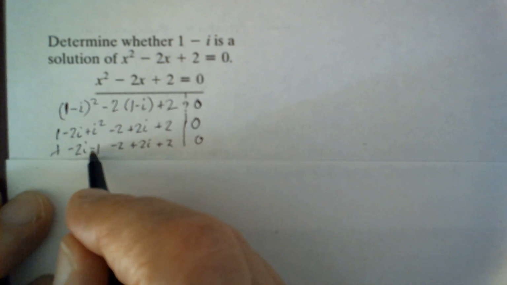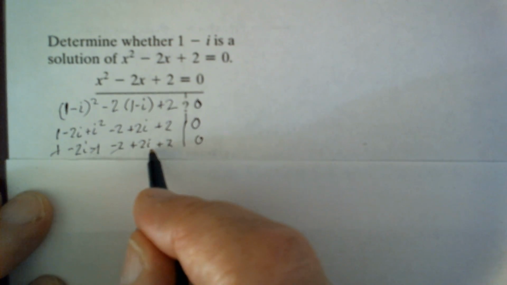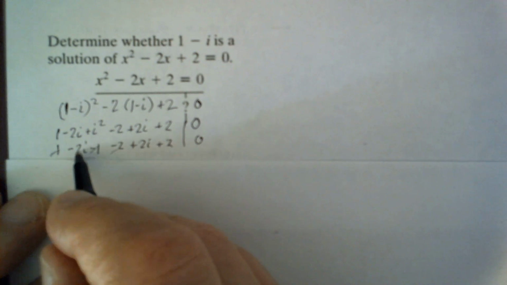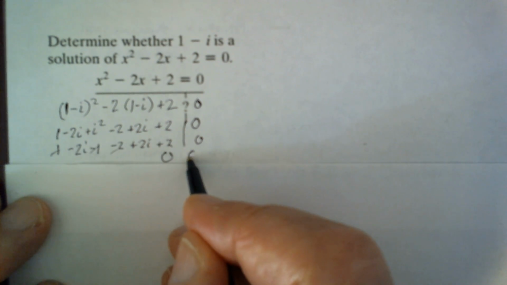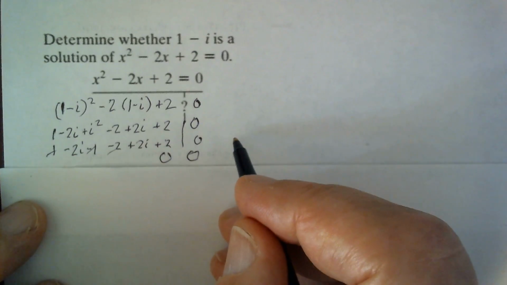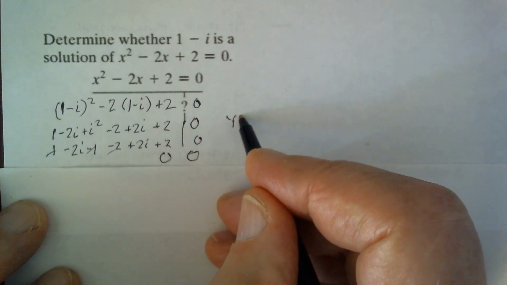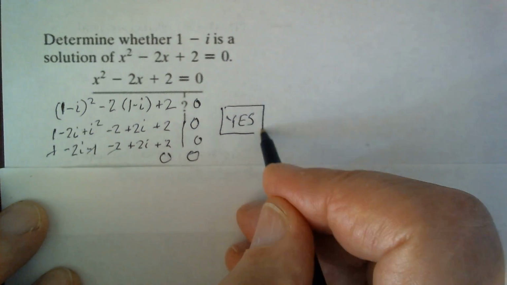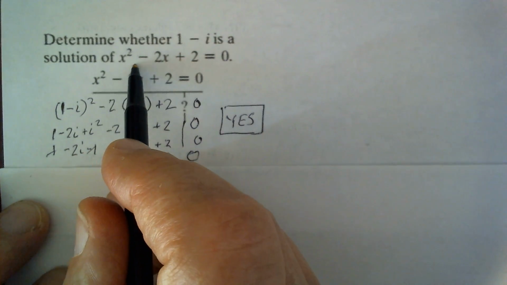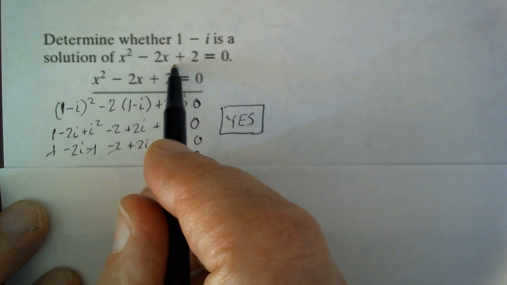Well, 1 minus 1 cancels out, and minus 2 plus 2 is 0, and minus 2i plus 2i is 0, and since 0 equals 0, the answer is yes. 1 minus i is a solution of the quadratic equation x squared minus 2x plus 2 equals 0.